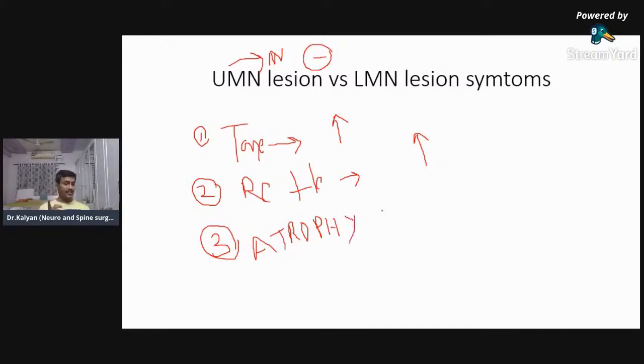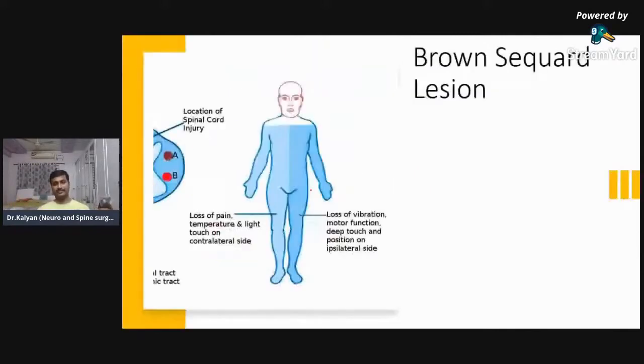For a muscle not to atrophy, the nerve which is entering the muscle should be intact. And the nerve which is entering the muscle is the LMN. So in LMN lesions, we have atrophy and fasciculations. In UMN, there is no muscle atrophy. So to differentiate UMN versus LMN, these are three important points which you have to remember.